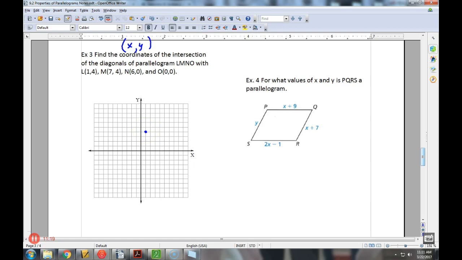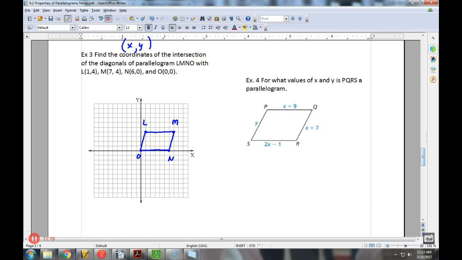I have 7, 4. So this is M, this is L. N is at 6, 0, and O is at 0, 0. So it looks like this is the parallelogram that we're talking about.